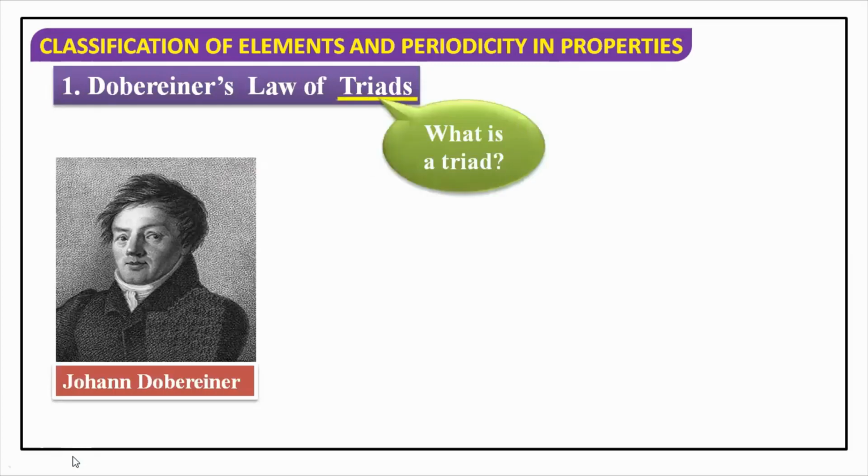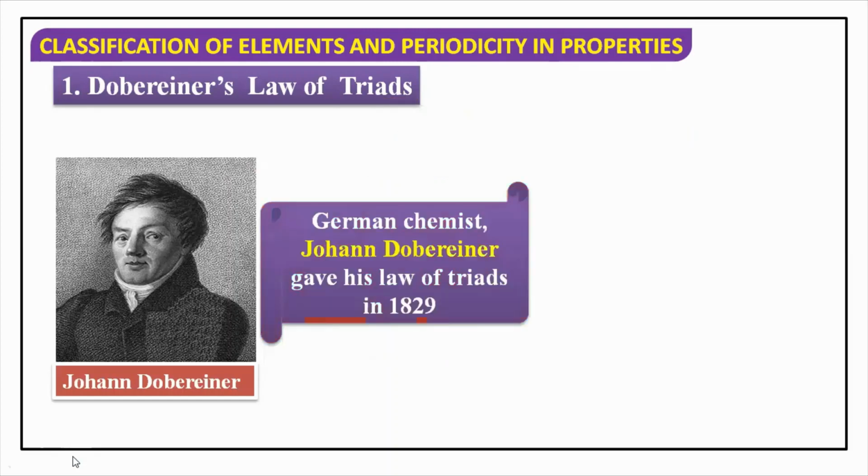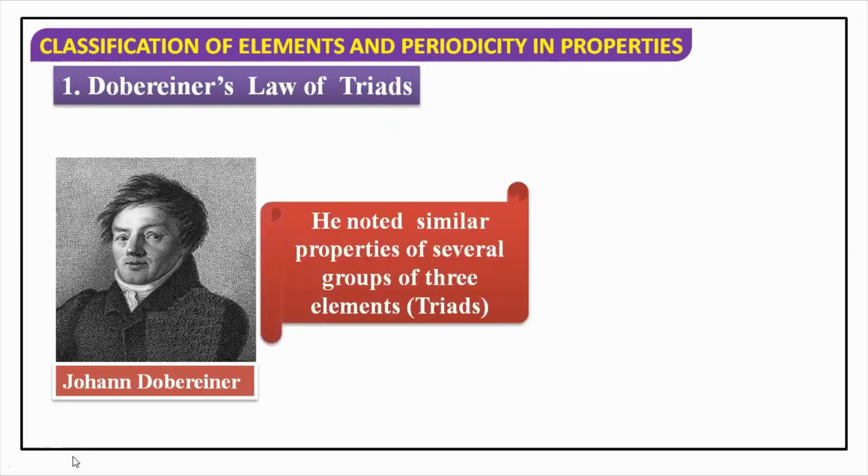So what is a triad? Triad means a group of 3. Dobereiner gave us the law of triads. He was a German chemist, and he gave this law in 1829. He noted certain similar properties in several groups of 3 elements. He saw that some 3 elements have certain same properties.